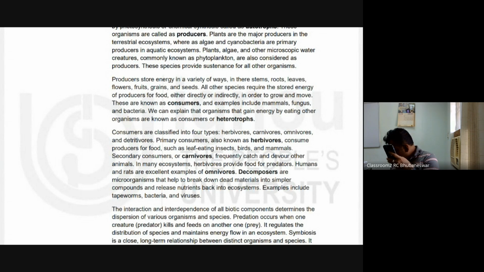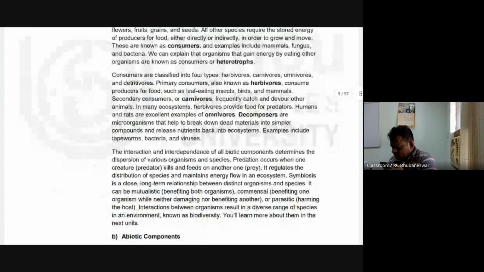Who are carnivores? Carnivores are meat eaters. They are the secondary consumers. Then you have tertiary consumers, and those are omnivores. Now we can subdivide the carnivore part into another part also, in which we can use predator as one of the trophic levels.